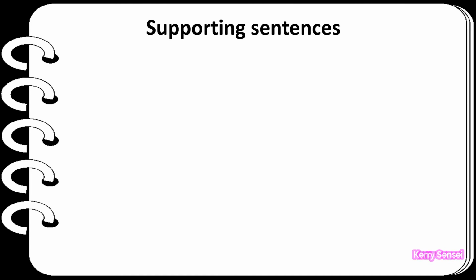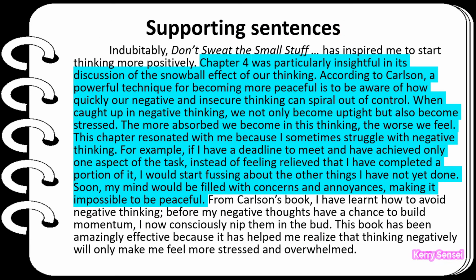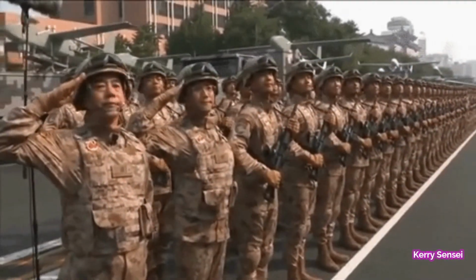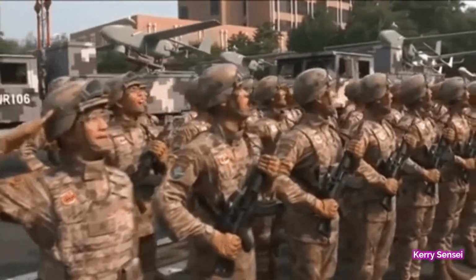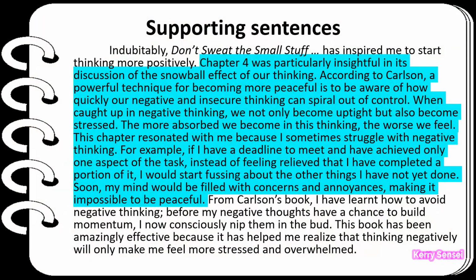Now, the rest of the sentences in the middle are the supporting sentences. It's like an army of soldiers supporting the general. These sentences function as a support system. They are supporting the introductory sentence. Remember, the introductory sentence is about thinking positively. The point is about thinking more positively. Therefore, all the supporting sentences should be discussing ideas about thinking positively.